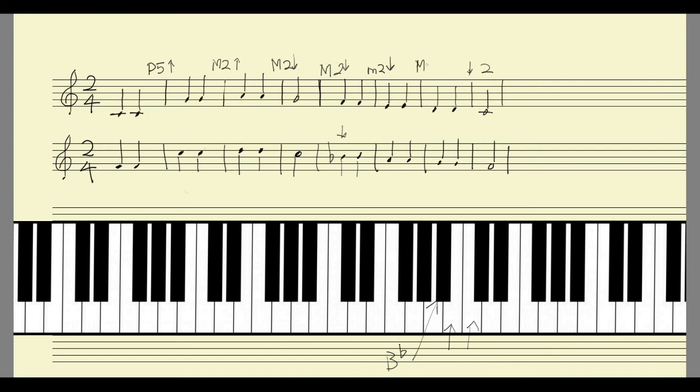Major second down, and then we have one more interval. And that's from D down to C. And again, we know that's a second because D to C is the interval of a second diatonic. But how many half steps do we have? Well, we have D, D flat 1, C 2. So that is a major second, a second that has 2 half steps.